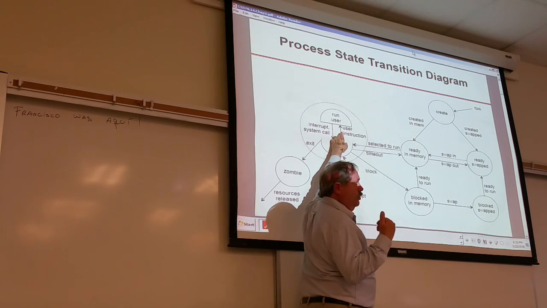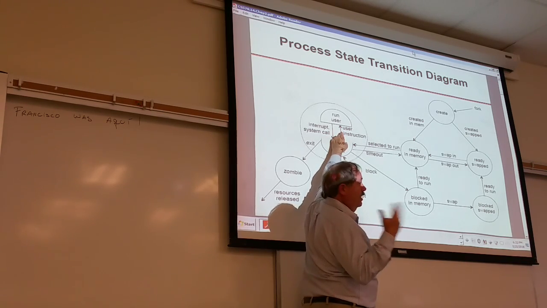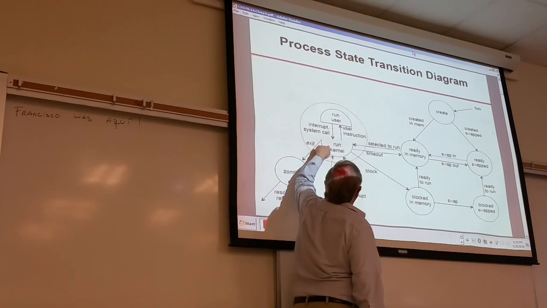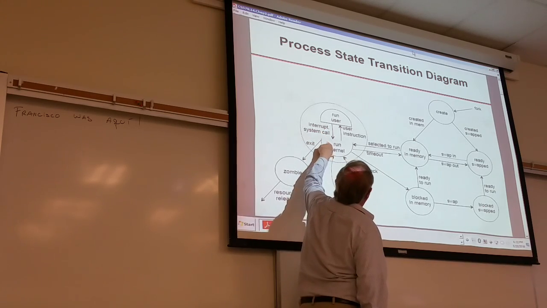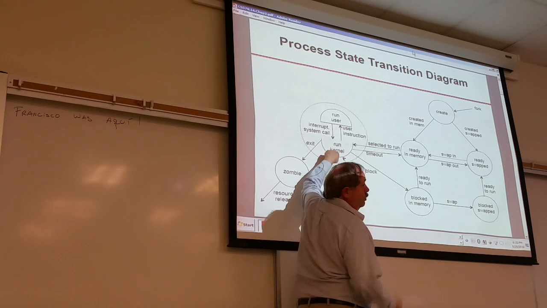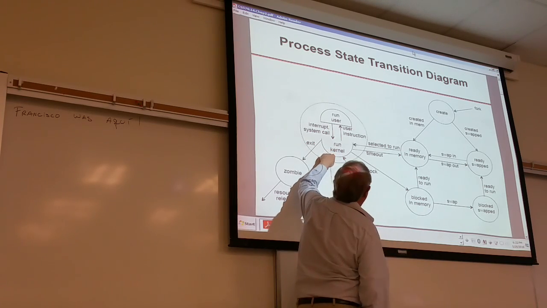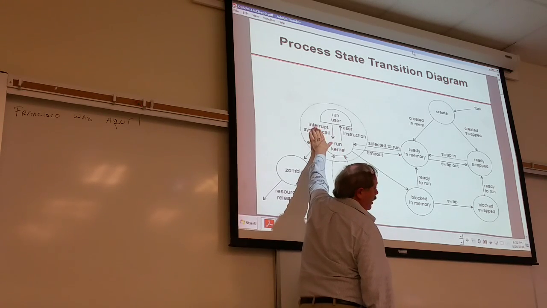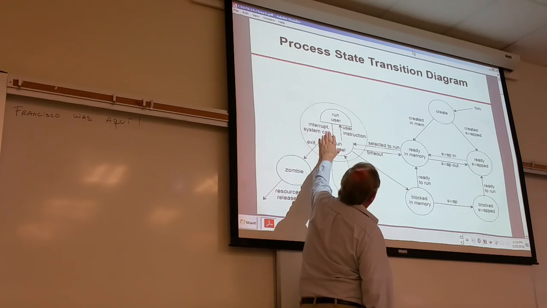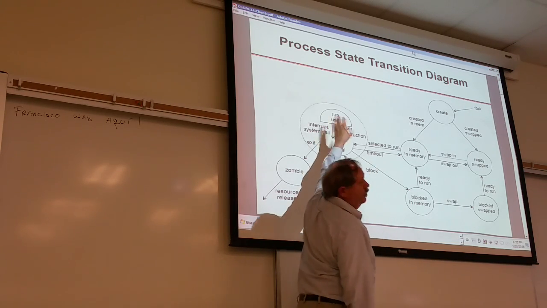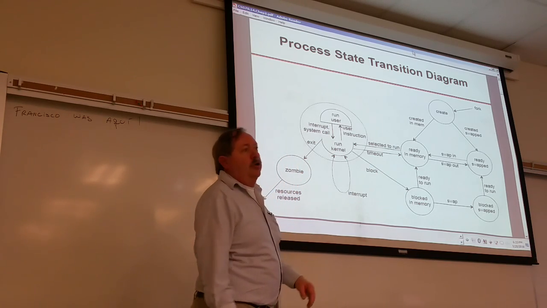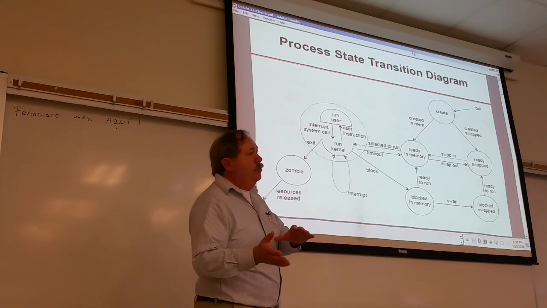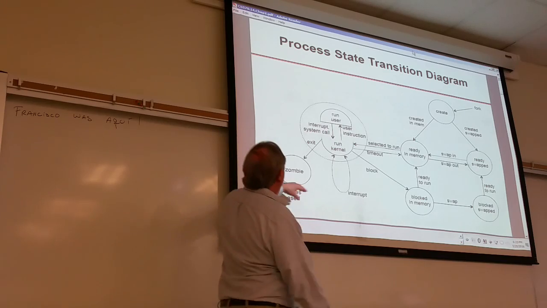If you decide to use a system call or something else happens that we'll come to later, and your process needs to go and pretend it's part of the kernel, then it's going to transition via this interrupt or system call to the kernel protected mode, that's the kernel mode, so it can access the protected stuff, and do whatever that system call told it to do, or handle the interrupt as needed, okay? So it'll transition back and forth between the user mode and the kernel mode, so it can either do operating systems type of work, or it could do your work that you programmed it to do, okay?